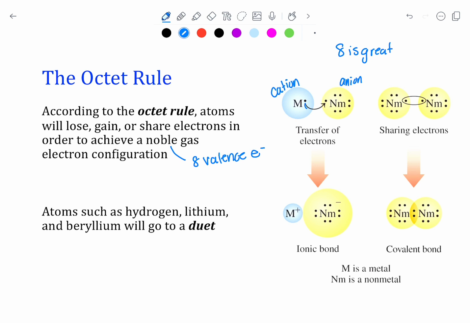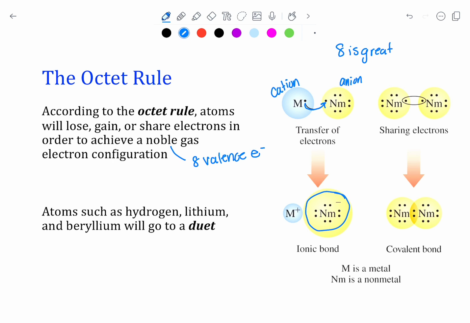The metal is giving away 1 electron, and if it gives away its electron, it automatically becomes isoelectronic with a noble gas. When the non-metal, or whatever's forming the anion, accepts that electron, it then gets 8 electrons. So this one had 7, it's now getting 8, which we see down here, just like a noble gas.